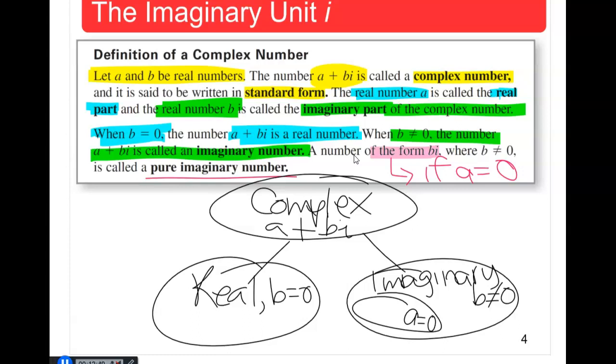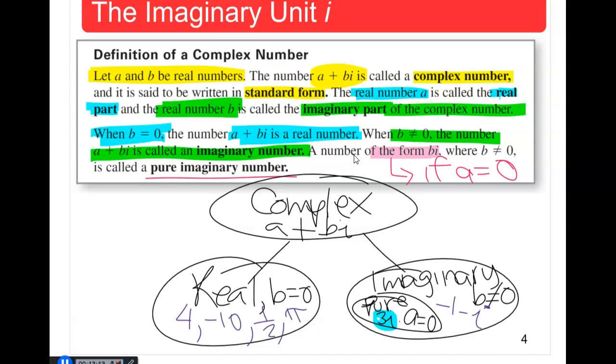Then we will call that pure imaginary, such as, let's say, 3i. That's a good example. And another example here, we could have, I don't know, -1 minus i. That's another example. And then real numbers, of course, you guys don't need any, but I'll write some here.